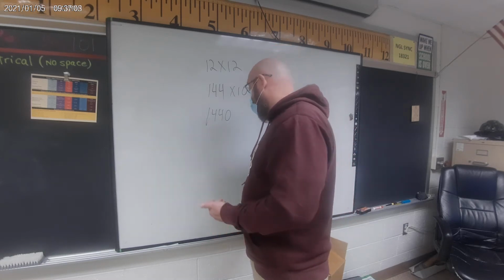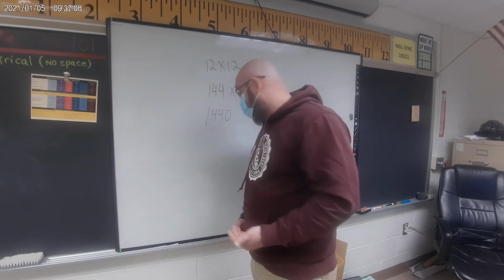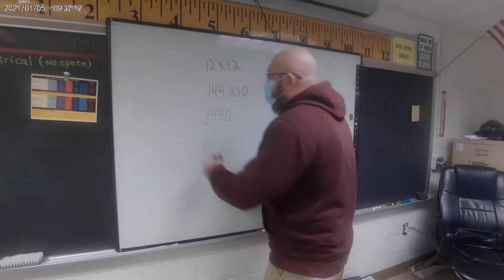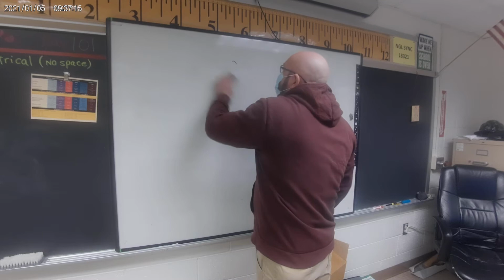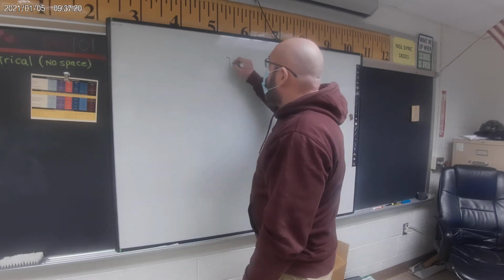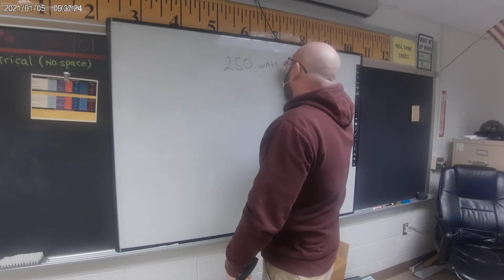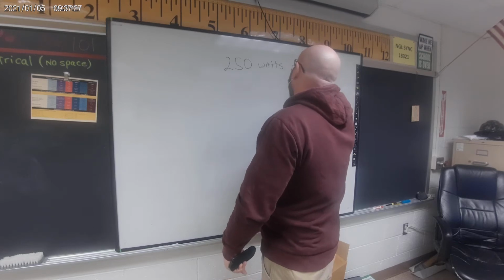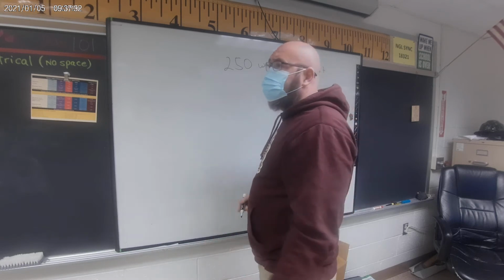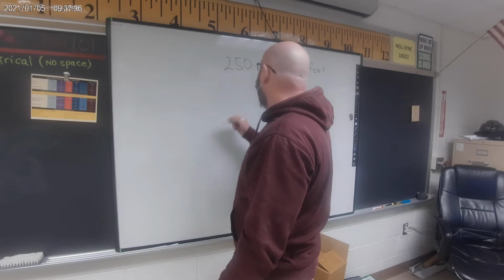Now the question is, how do I get 1,440 watts of heat? Well, I'm going to erase it. With electric baseboard heat, normally it's 250 watts per foot. So in the 12 by 12 room, I needed 1,440 watts.